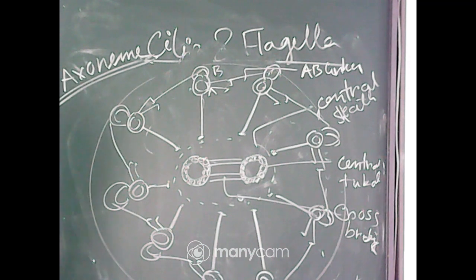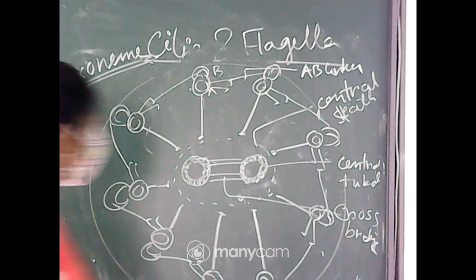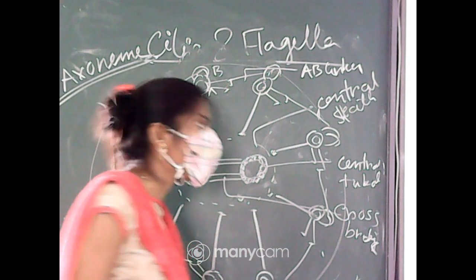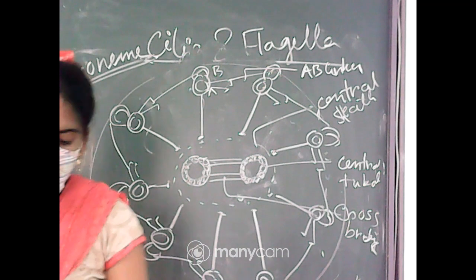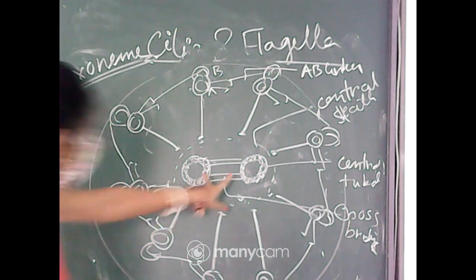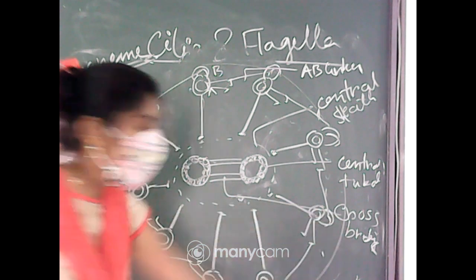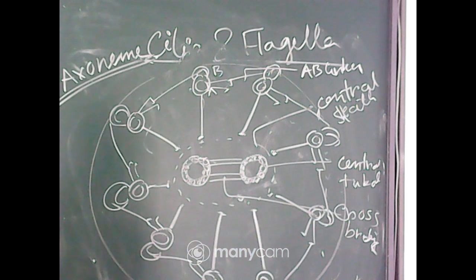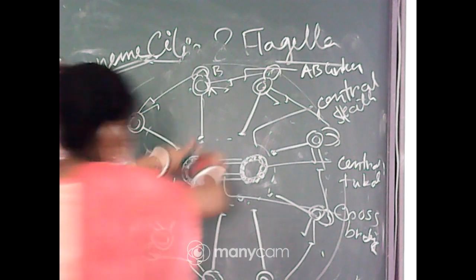Okay. This type of arrangement of microtubules is referred to as the 9+2 arrangement or 9+2 array. In that, the central tubules are connected with a structure which is called the cross bridge and are also enclosed by a central sheath.